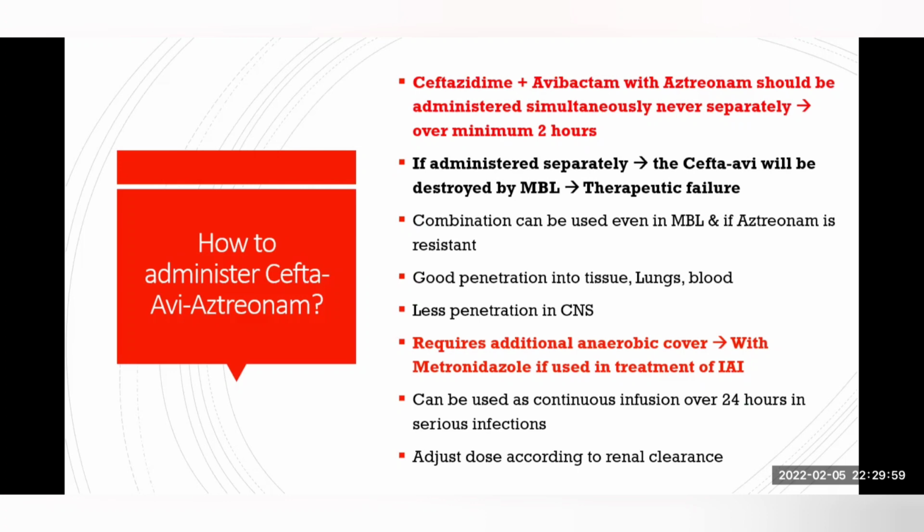So you will have to add an anaerobic agent like metronidazole in cases of intra-abdominal infection. And in cases of severe or serious infection, you can give a continuous infusion over 24 hours, and these are BL-BLI combinations, so you will have to adjust the dose according to the renal clearance.